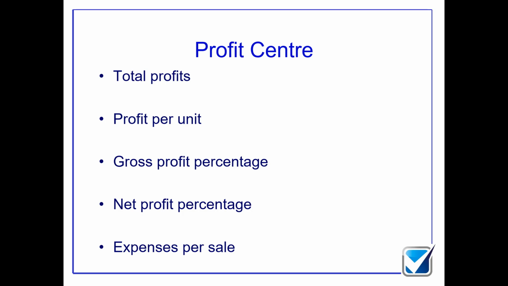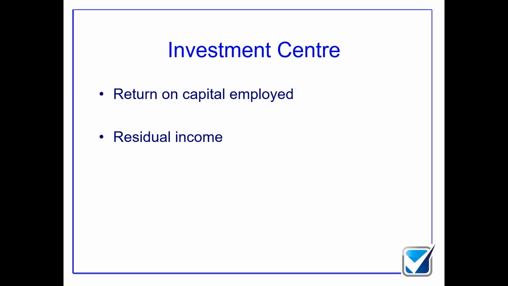Now, once I start getting beyond my profit center and I start moving up to the more strategic level of management, looking at investment centers, the ways that I calculate performance here are a little bit more colorful, a little bit more tricky. What we have now is a measure called ROCE, return on capital employed. We also have what's called the RI figure, the residual income.